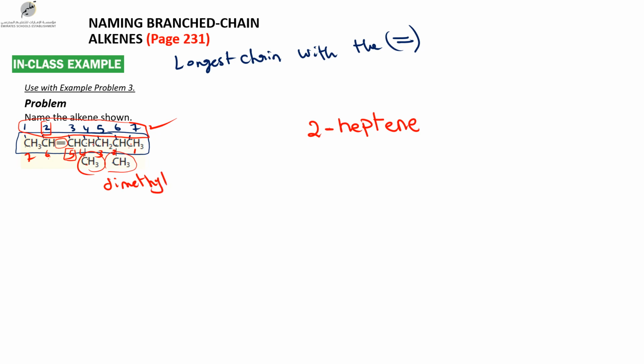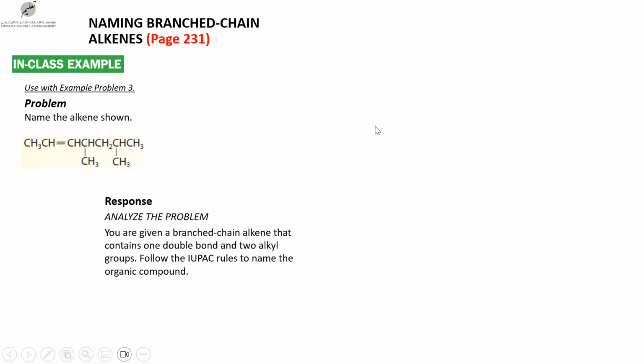What are their locations? Carbon 4 and carbon 6, right? So we say 4, 6 dimethyl 2 heptene.